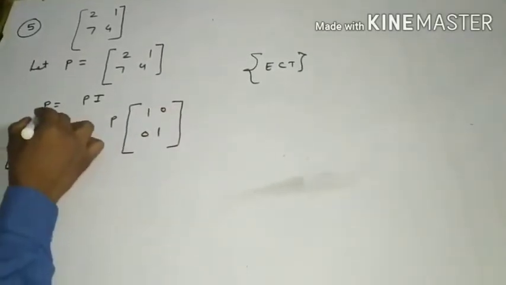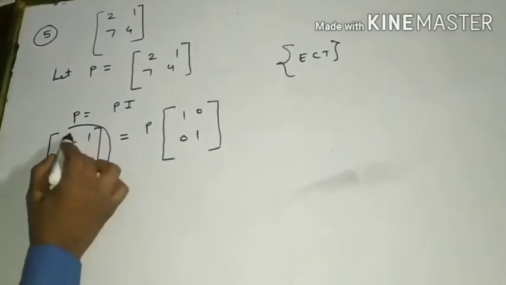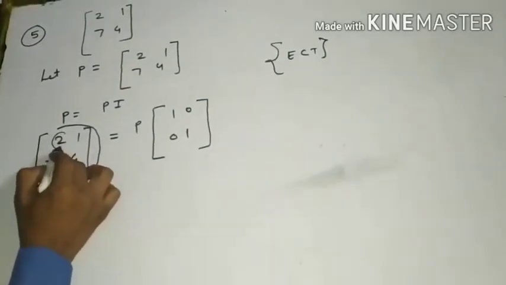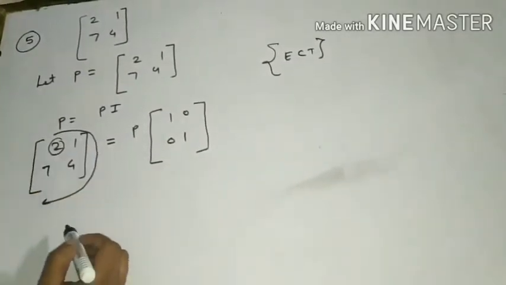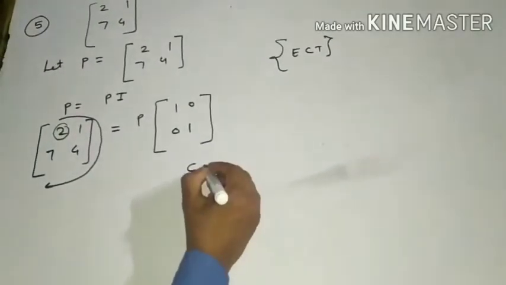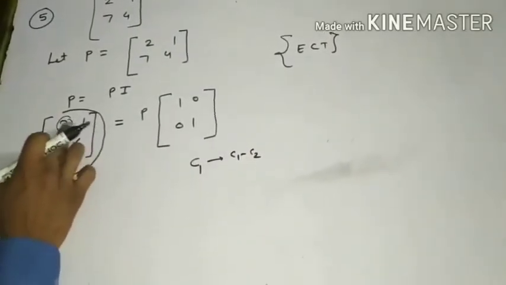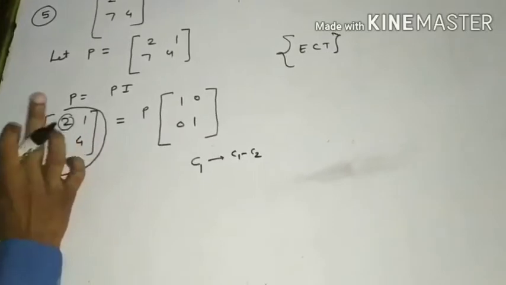Again you have to move in the clockwise direction, and the first element we want to make 1, so you have to apply this. In C1 we are going to do C1 minus C2, so 2 minus 1 we will get 1.